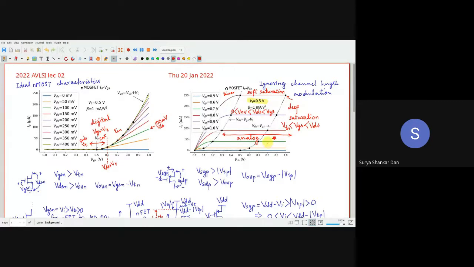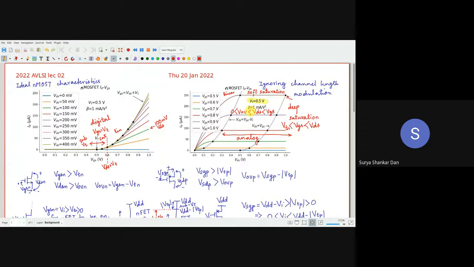So in specific applications only, in analog, we will be designing at this deep saturation region. However, in simple oscillator amplifier kind of circuits, you can basically go for the soft saturation region only.